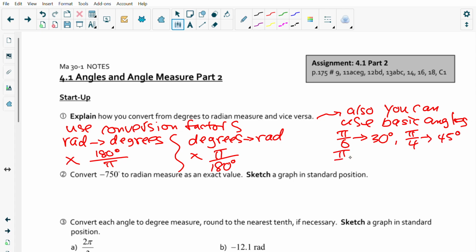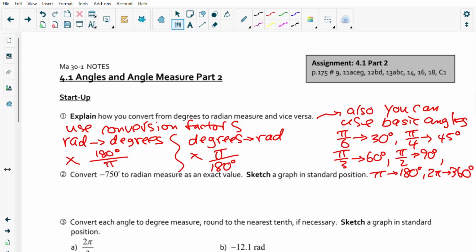Pi over 3 is 60 degrees. Pi over 2 is 90 degrees. Pi is 180 degrees. 2 pi is 360 degrees. So these are the main ones that you should have committed to memory.